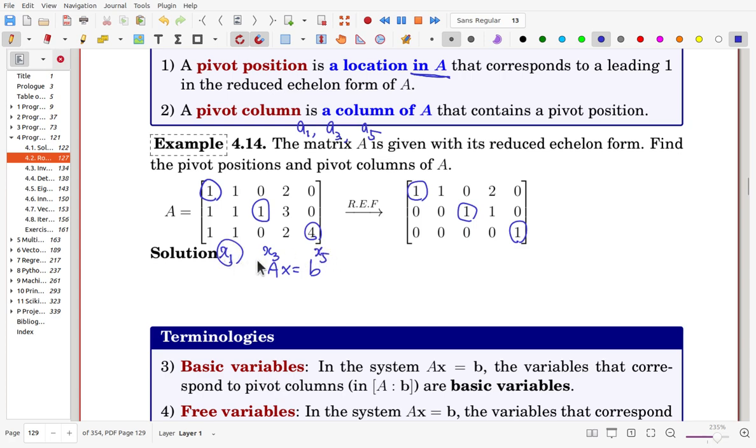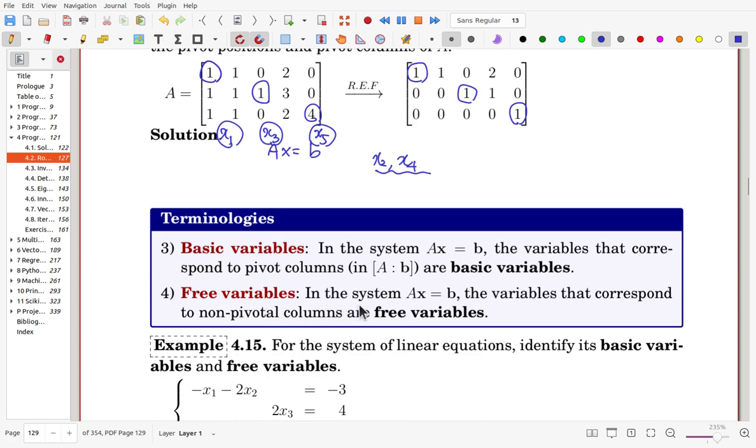These three are basic variables, and the non-basic variables are called free variables. So x2 and x4 are free variables.